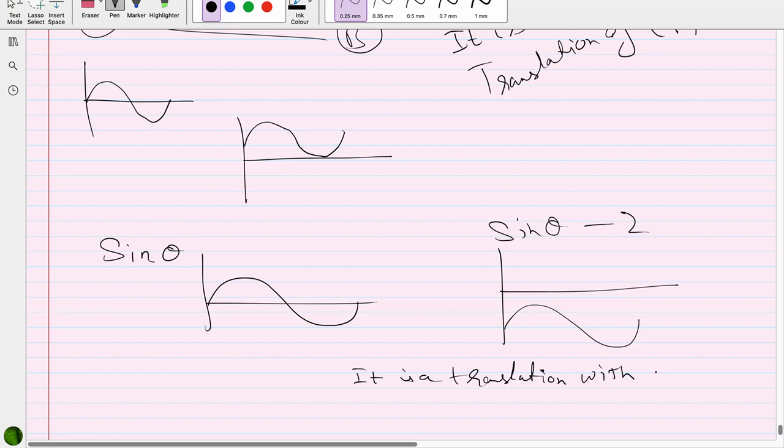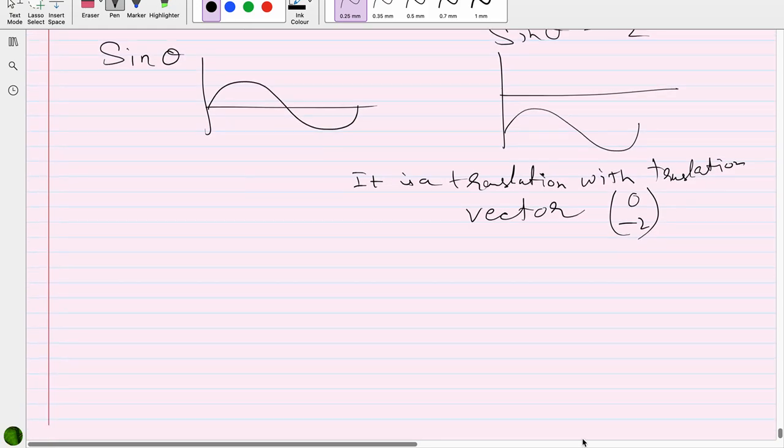So it is a translation with translation vector. We know there is no movement in x direction, 0, and it has moved down 2 units. So it is a translation vector (0, -2). So this was the vertical shift.